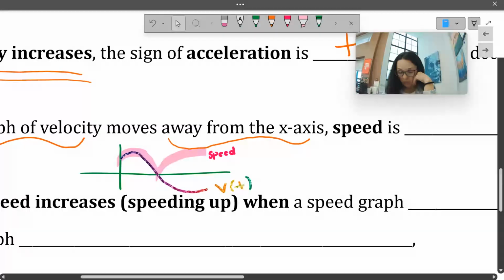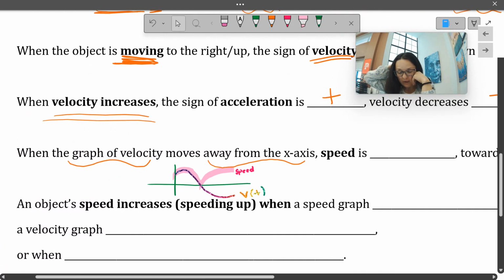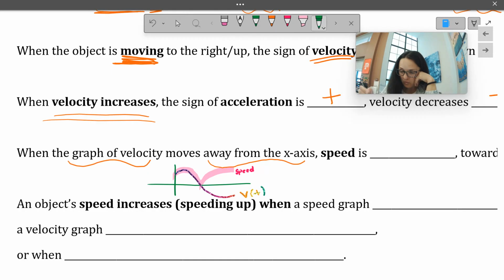Okay, well, what does that mean when the graph of velocity moves away from the x-axis? So let's see, when is that happening? Well, my velocity is moving away from the x-axis right here. If the velocity is going from positive to more positive, then my speed is going from positive to more positive. My speed is increasing.